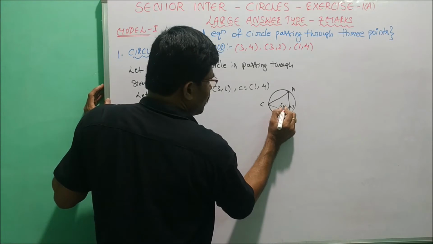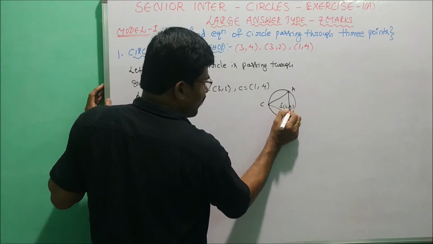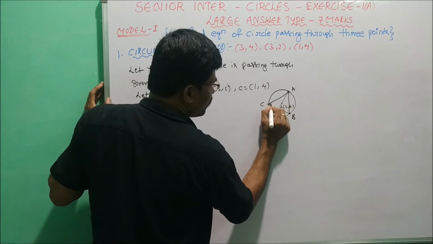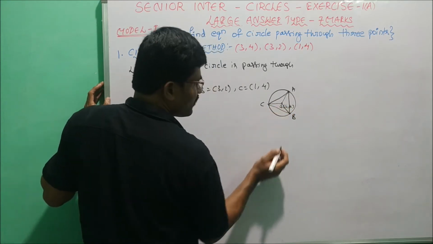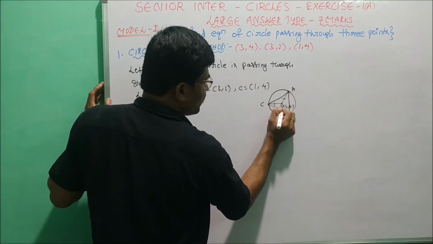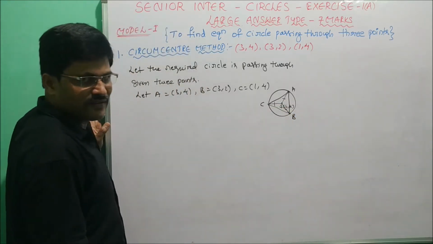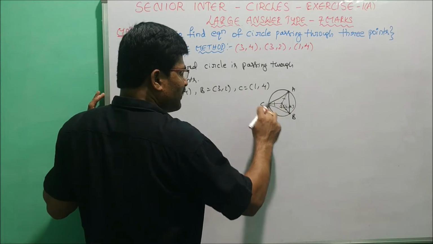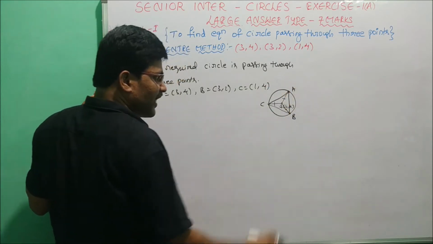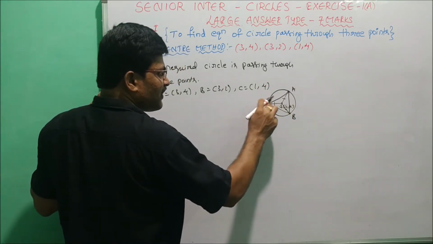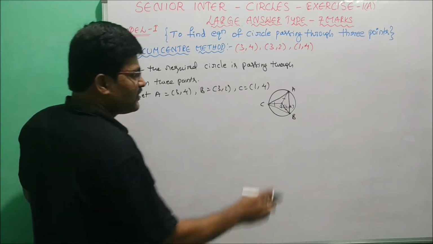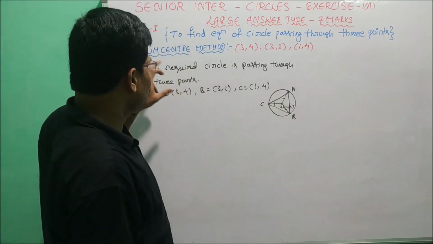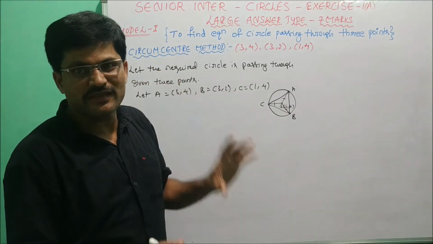Here the center S(h,k) is clearly equidistant from the given vertices. Therefore, the circle is passing through the vertices of the triangle and the center is equidistant from the given vertices. Therefore, clearly S is the circumcenter. So that method is called the circumcenter method.